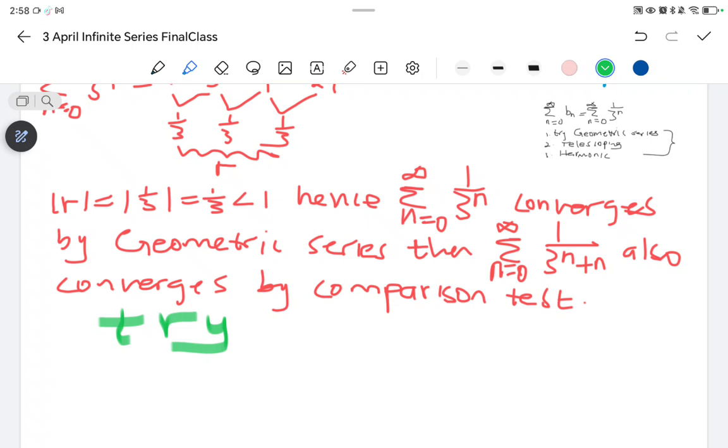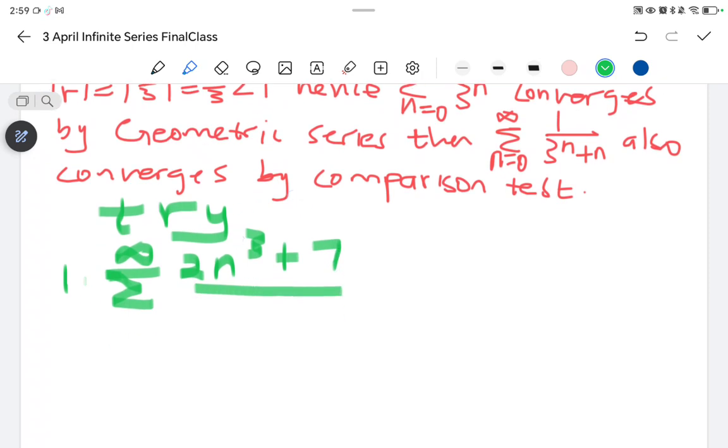Now we have plus 7 over n to the 4 of sine squared n.